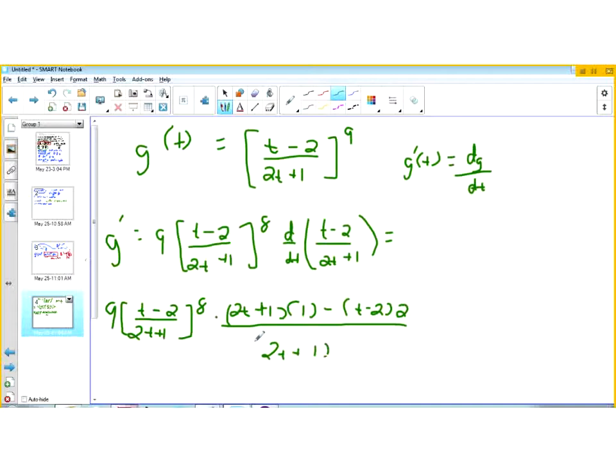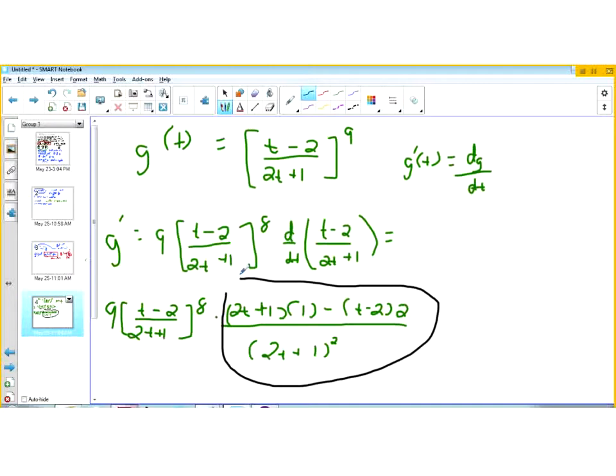We could simplify the numerator of this rational part right here. I'll leave it to you as an exercise, so you can investigate simplifying this.